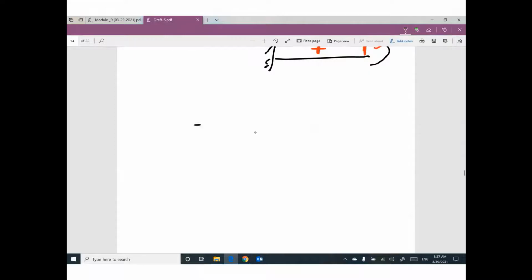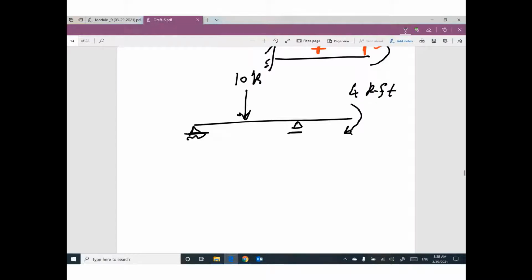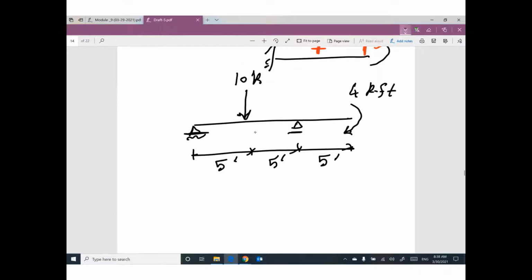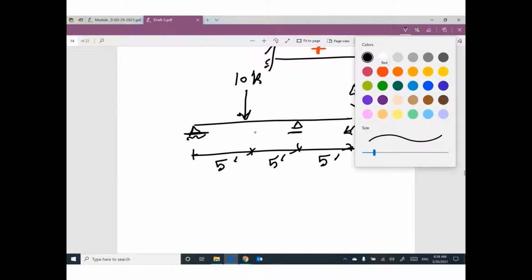If you have a beam that looks like this, we have here 4 kip-foot. We have a concentrated load here of 10 kip, and these distances are 5 foot, 5 foot, 5 foot. How can I draw the bending moment diagram with the method of superposition?